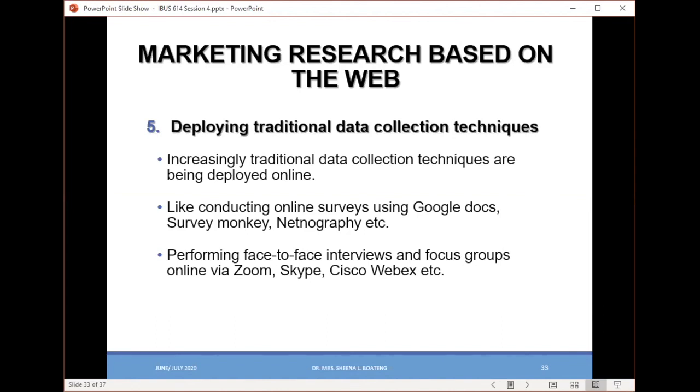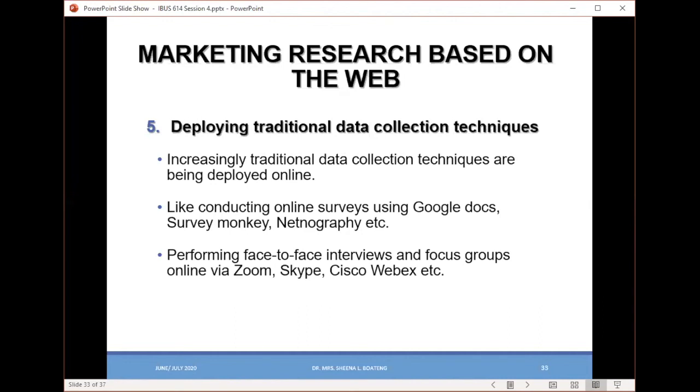But now, by the power of the internet, you can just deploy your survey through any of the online platforms, either Google Docs or SurveyMonkey, or even if you are doing a qualitative research, use an ethnography to be able to understand the research problem that you are trying to study, and be able to get good data to address the problem that you set out to address.